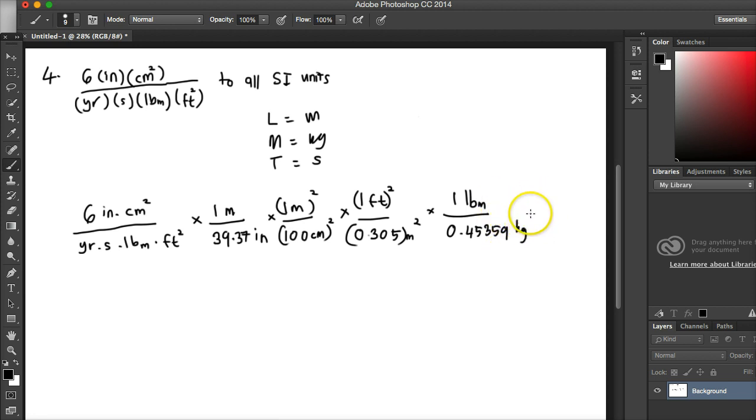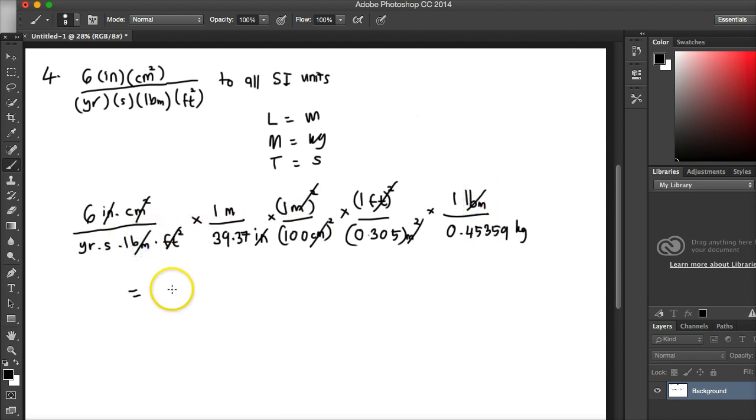And then from this, let's cancel out first. So you have inches, you can cancel out inches, and then we convert the centimeter square to meter square, and then foot square to meter square. Since one meter square is on the top and one is at the bottom, we can cancel out these two. And then pound we can cancel out.